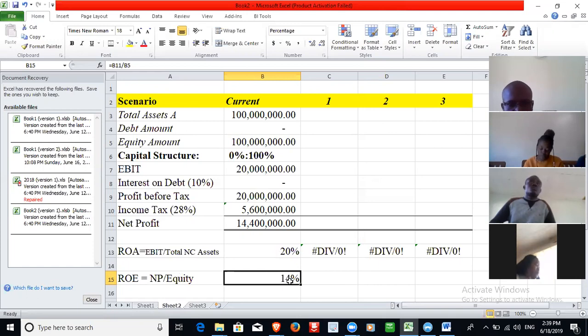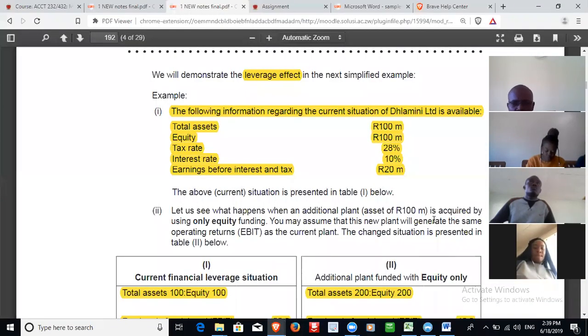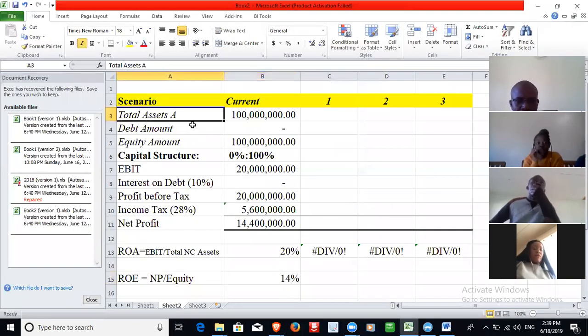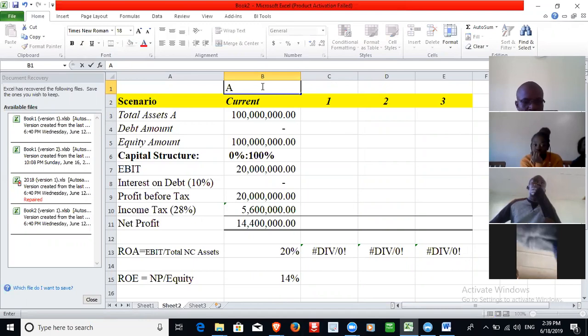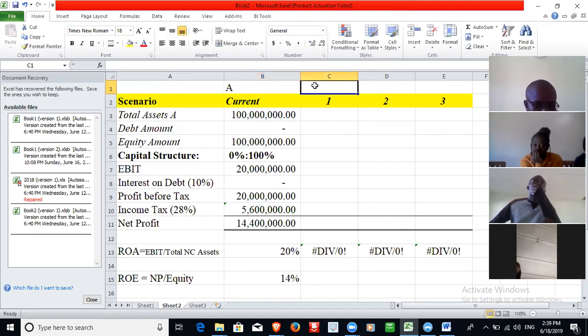Then we're having this scenario. We are asked what will happen when an additional plant is added. We're having this plant A. What will happen if we have A and B?